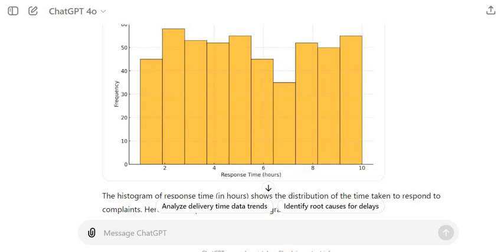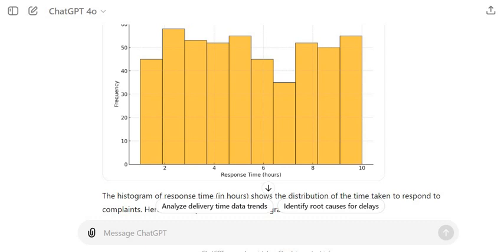Okay, so you can see that with ChatGPT you can easily create a histogram and interpret it, which will tell you what your process is like, how spread out it is, and what the possible issues are.